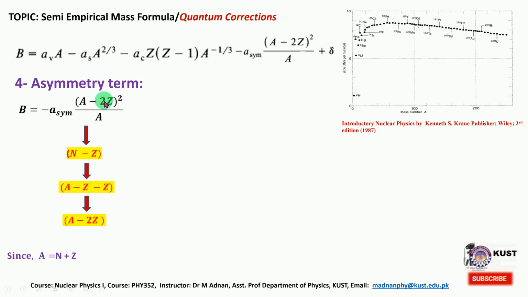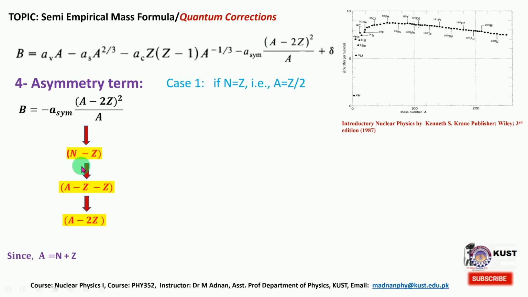So this A minus 2Z in the asymmetry term is nothing but the difference of the neutron minus the proton number. You will see in the coming lecture, once we analyze the various applications of the semi-empirical mass formula, that this form will be convenient in writing this formula. Instead of N minus Z, we have A minus 2Z.